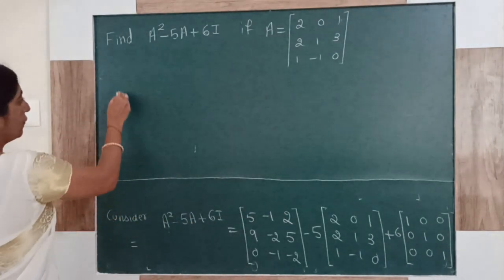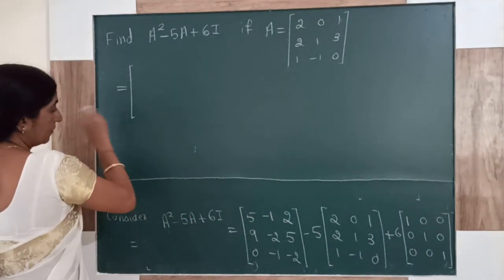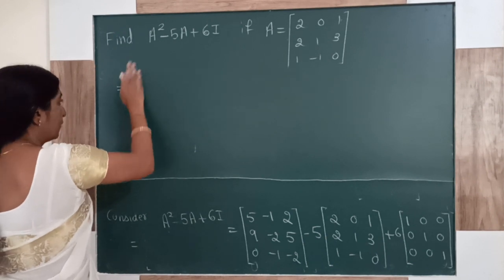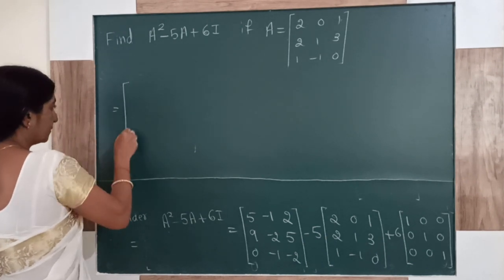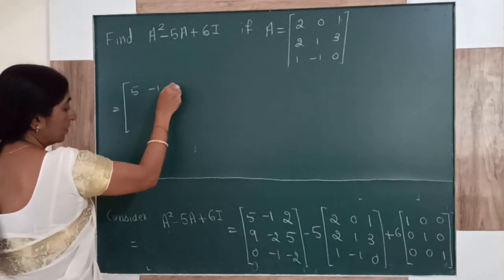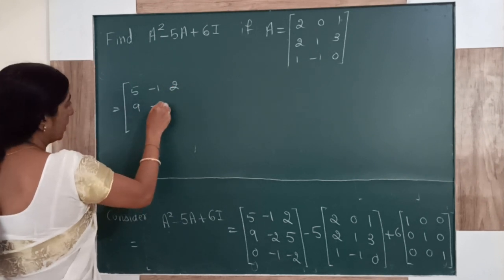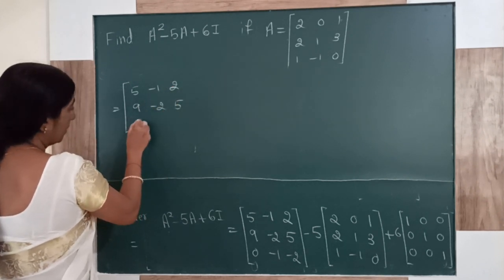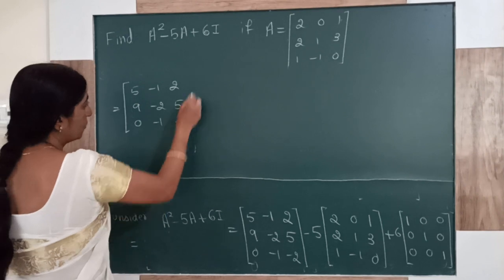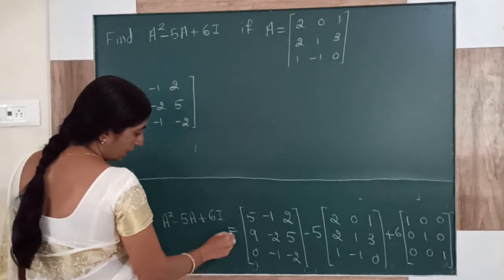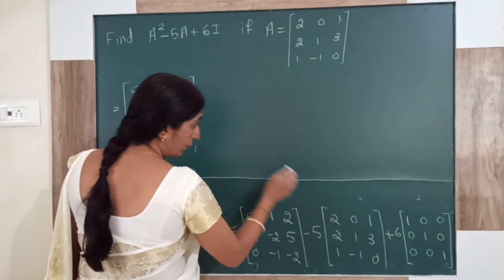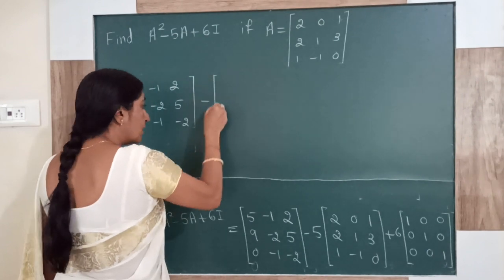So write down the first matrix as it is: [5, -1, 2; 9, 5, -2; 0, -1, -2]. Tell me, students, next what are you doing? We are taking minus 5 into the matrix.